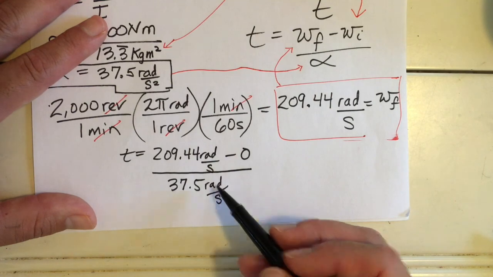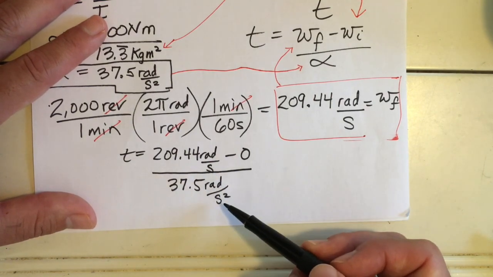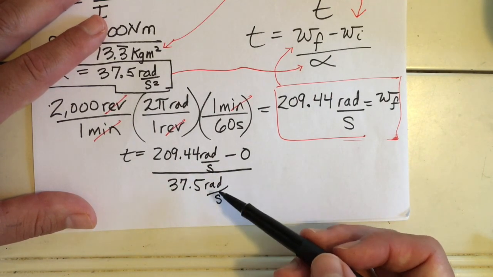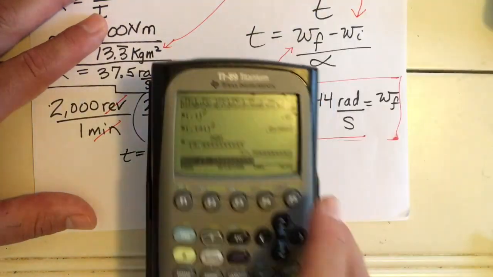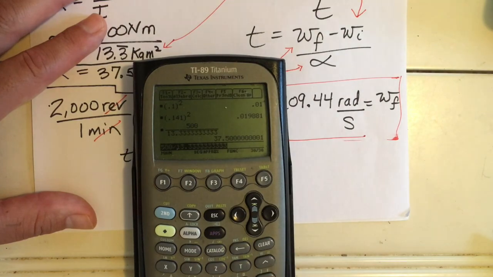So at the end here, we're going to get seconds for units because we'll have a seconds on the bottom of the fraction and it floats to the top.